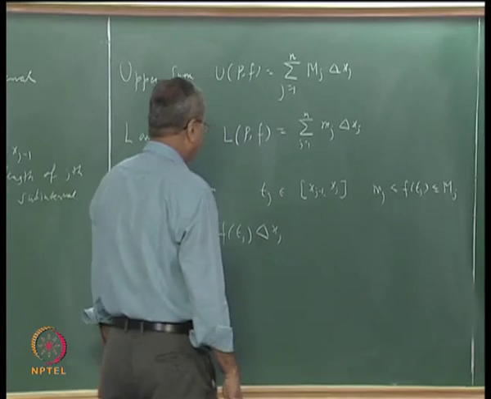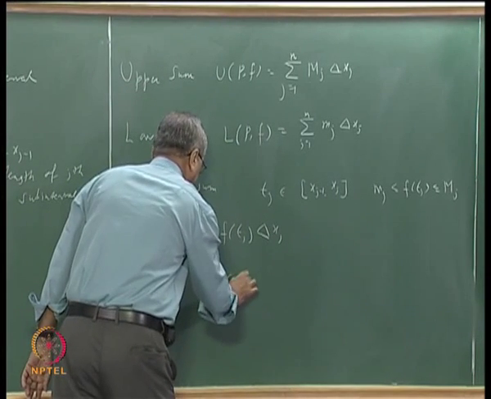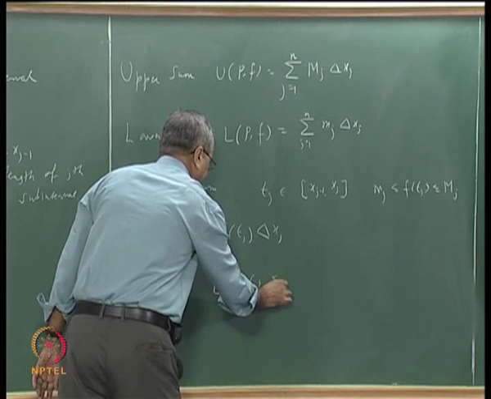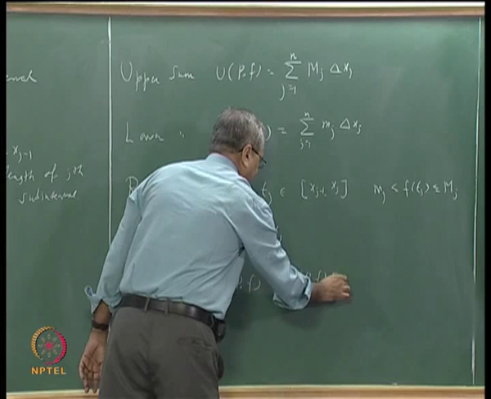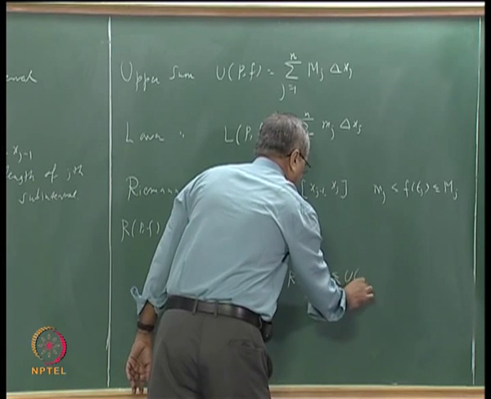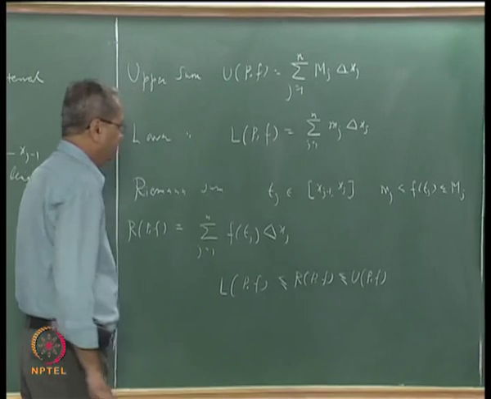So what you obviously have is the following, that is we get L(P, f) is less than or equal to R(P, f), that is less than or equal to U(P, f). Okay. This is obvious.